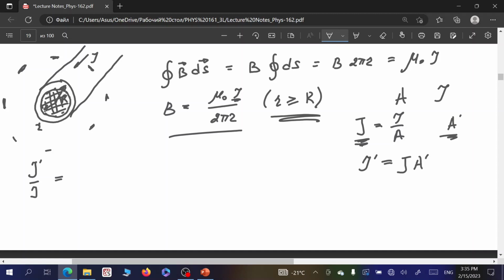Then the area cancels, and from current density we get current in amperes. So now the question is, what should the ratio of I prime, the current which flows through the closed loop located inside the cross section of the conductor, to the total current be equal to?